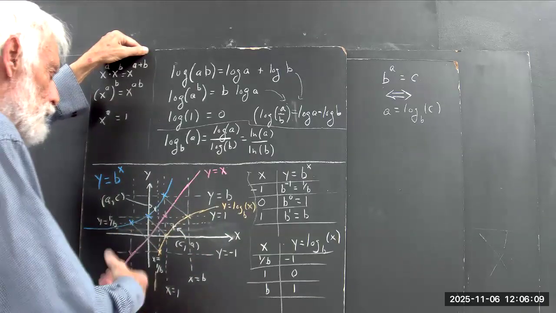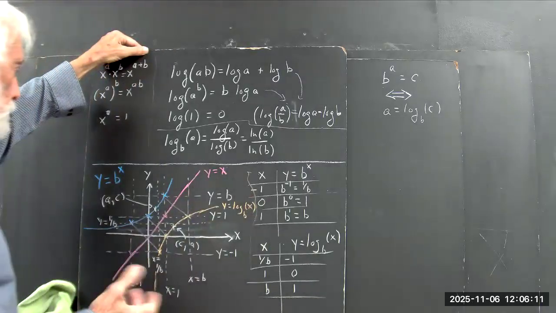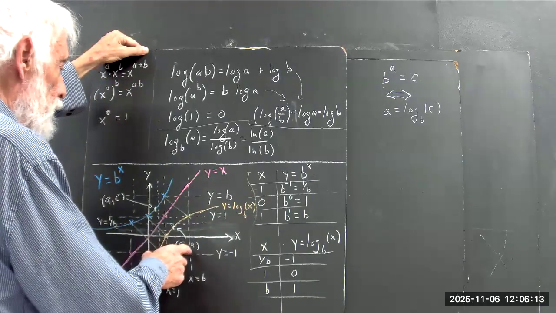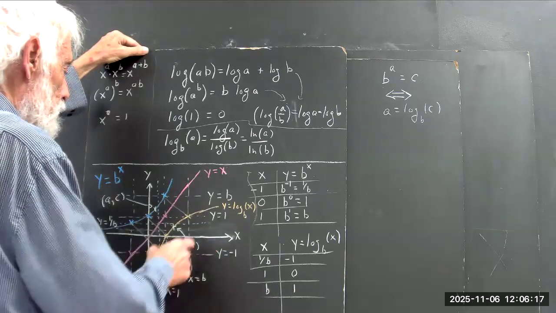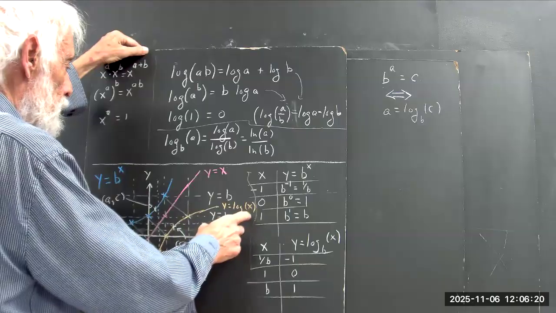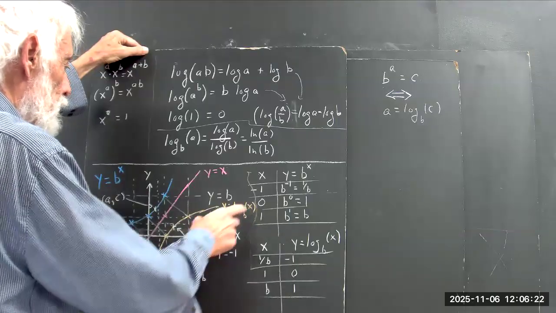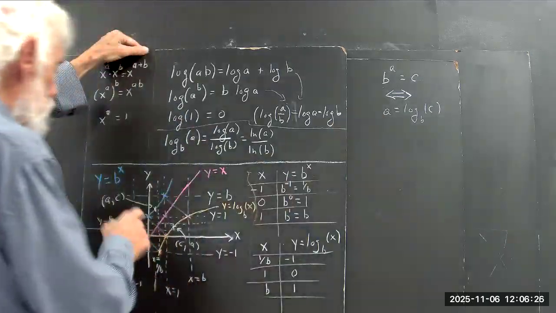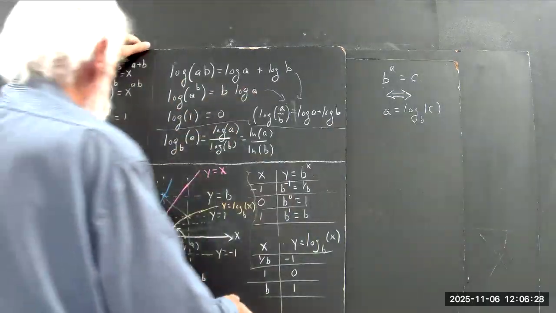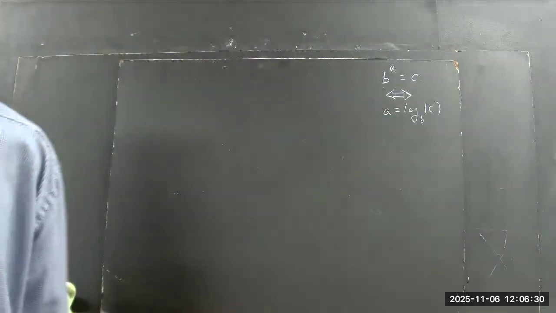You need to make those connections. Don't just watch me do this. The point (C, A) tells us again that A, which is the y value, equals log base b of the x value, which is C. So there's a picture of why that's so. It's true for any logarithm.